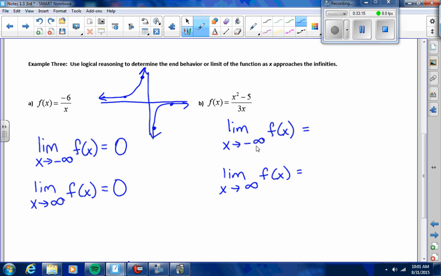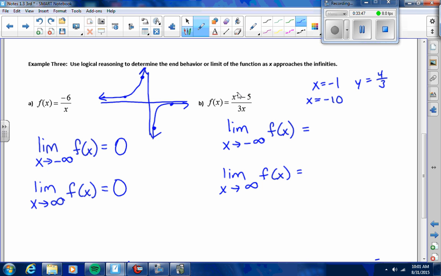First, we're going to go negatives on all the x's. Let's start out kind of small. x equals -1. When x equals -1, -1 squared is positive 1, minus 5 is -4, divided by 3 times -1. So -4 divided by -3 is 4/3.